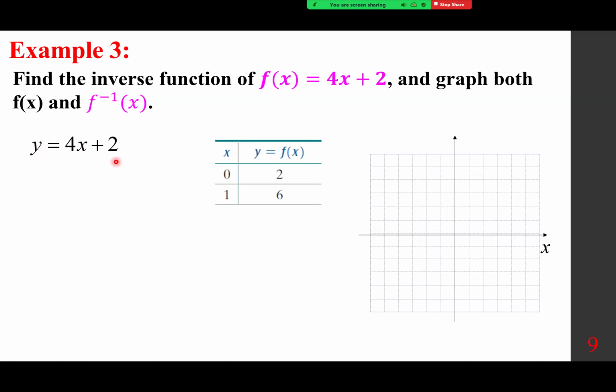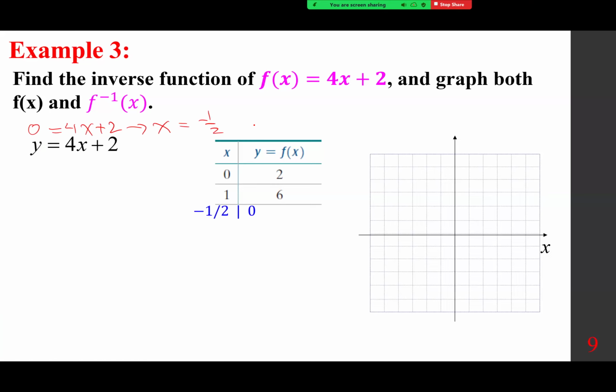By the way, if we were to graph it, you can see the y-intercept of (0, 2). If I put 1, I get 6. We can also see the x-intercept. If I put a 0 here, just for the sake of argument, x becomes negative 1/2. So we have (-1/2, 0).